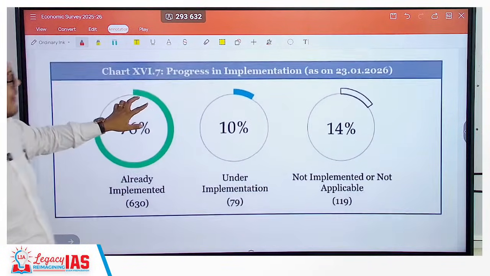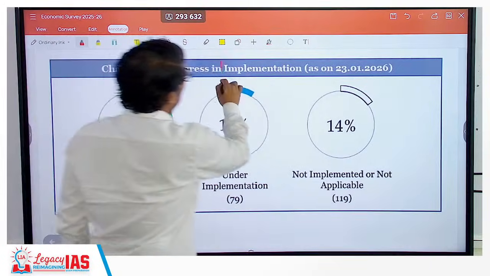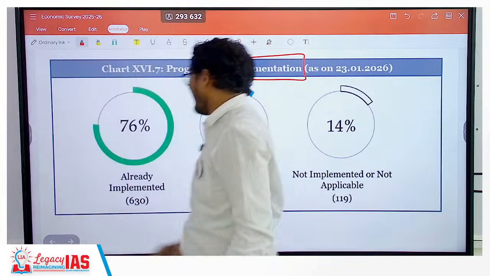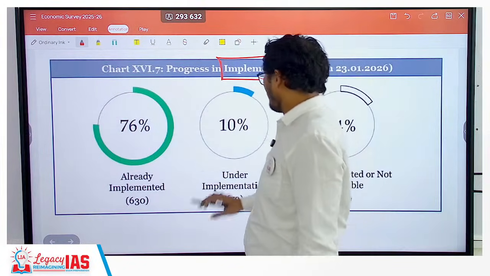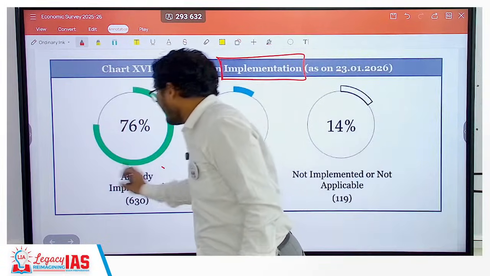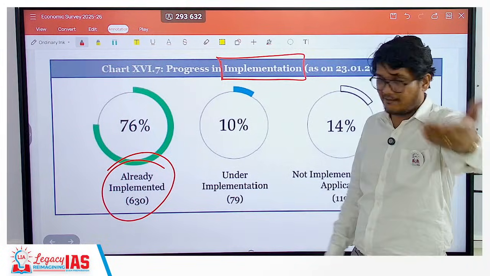And last but not the least, the economic survey gives us data with respect to the implementation of the reforms. So this is what the statistics looks like. There have been over 800 reforms brought in by the central government. Around 630 have already been implemented by the states themselves.